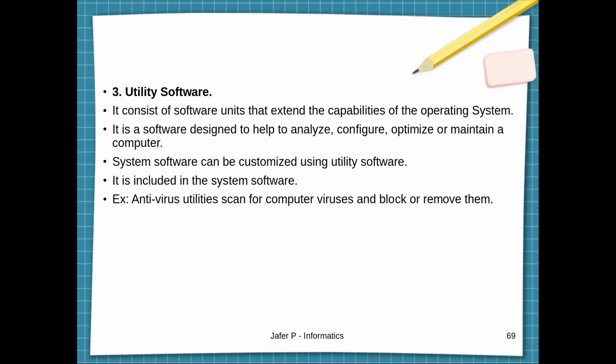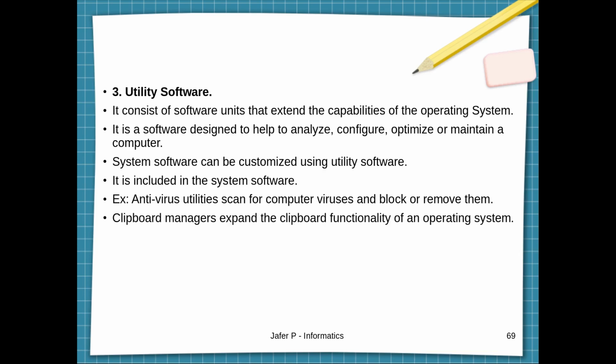There are many antivirus software available today. You can purchase them, or different kinds of antivirus software may be installed along with the operating system to protect the operating system and device, right? So it extends the functionality of the operating system. Those kinds of software are called antivirus utilities.